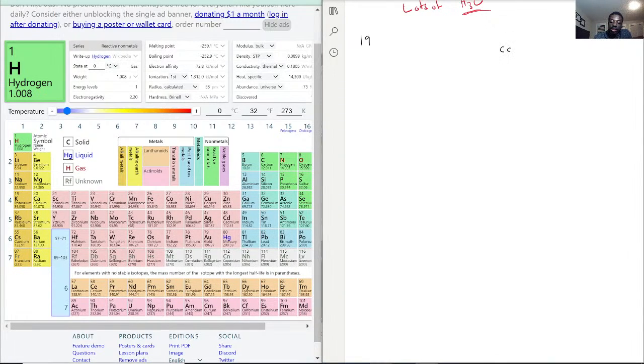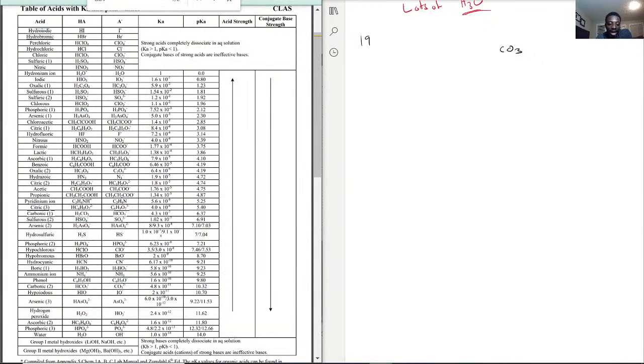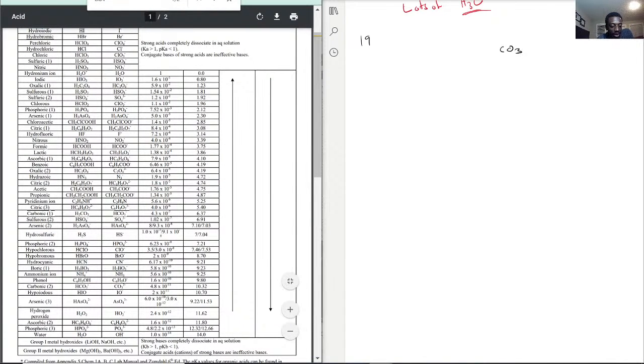Carbonate is CO3, I believe, because even at this level there are a lot of different types of it. I'll go to the acid sheets because I know that carbonic acid is there. There we go, CO3 2 minus.